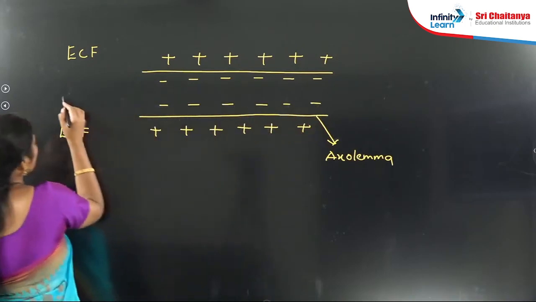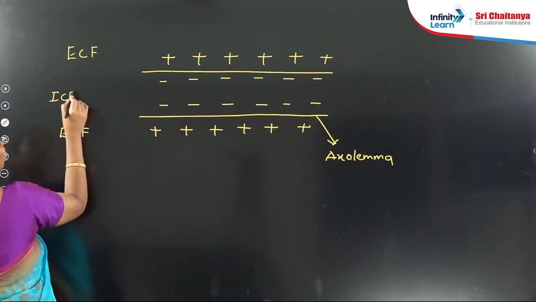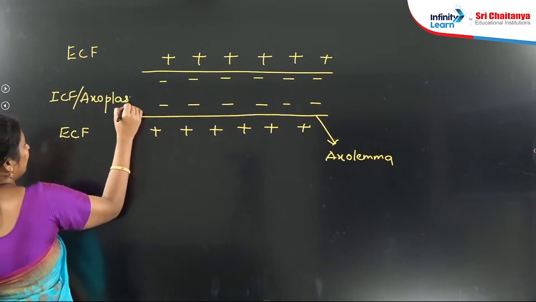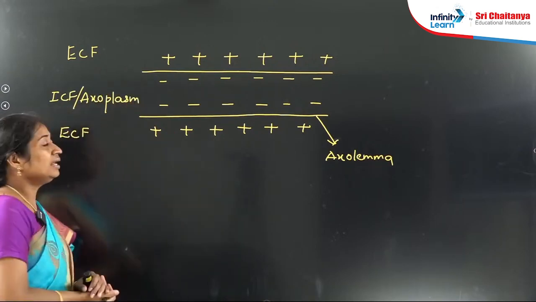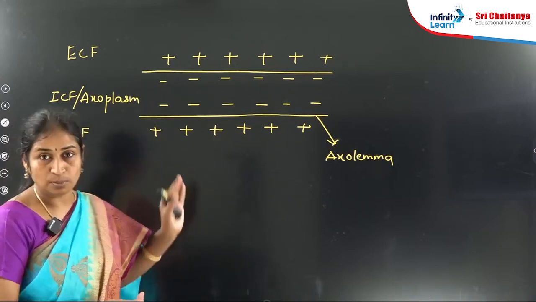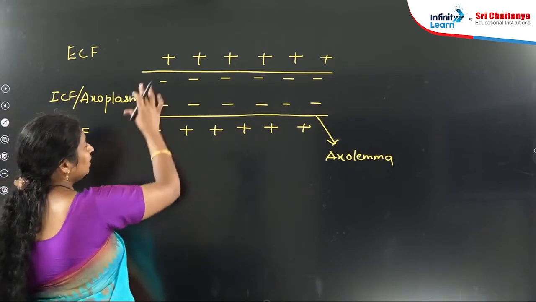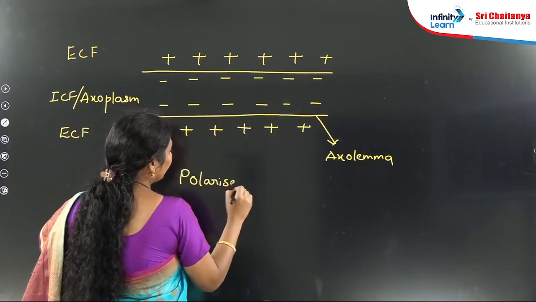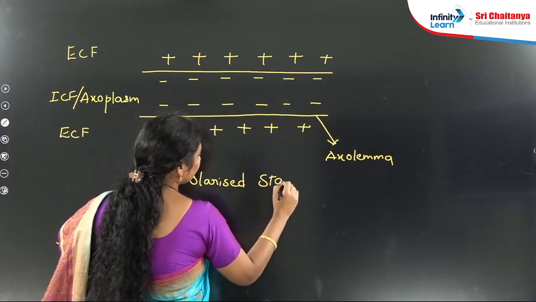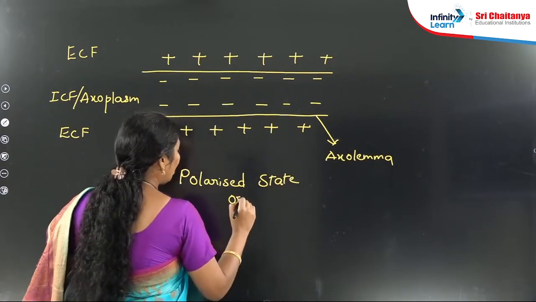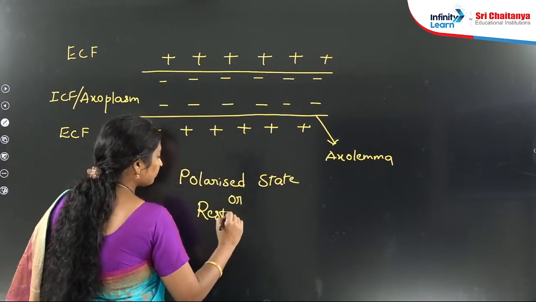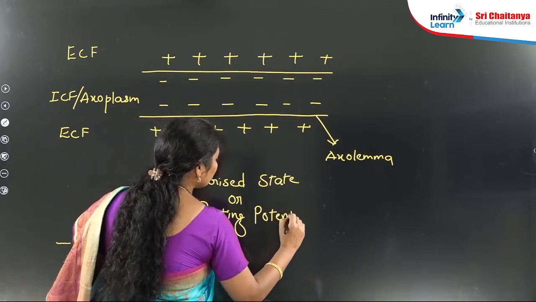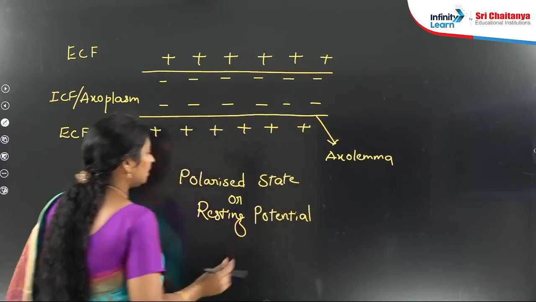This is known as intracellular fluid, or axoplasm, because this is the axon and the inner side has a fluid called axoplasm. Whenever the membrane is in this way, it is known as polarized state, or also resting potential.